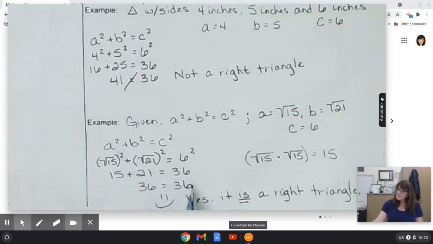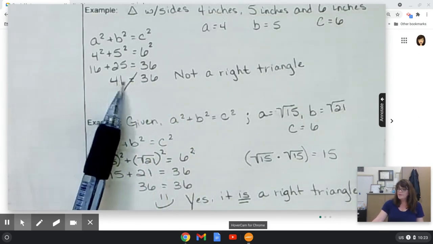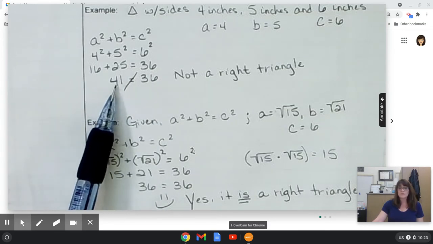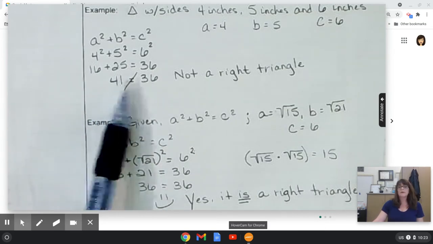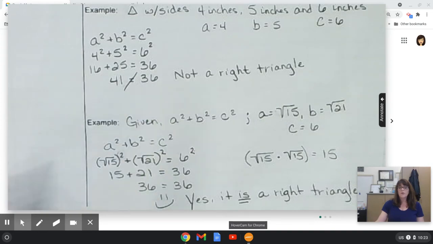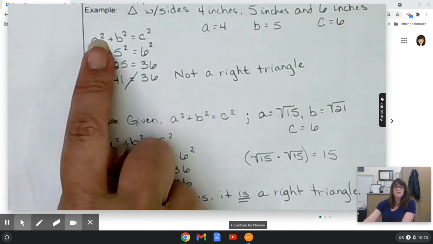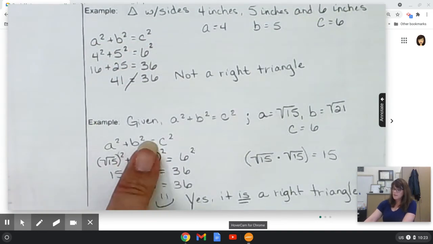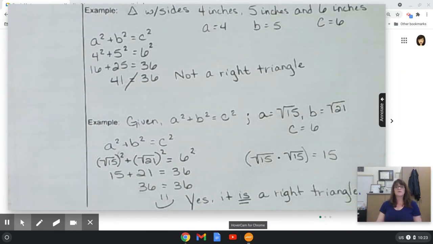When the two sides equal each other, it is a right triangle. When the two sides do not equal, dirty rotten liar, not a right triangle. So now you're using the same formula that we've been solving for sides to prove whether or not it's a right triangle. Okay? Try a couple of these on your own, and I can't wait to see you in class.